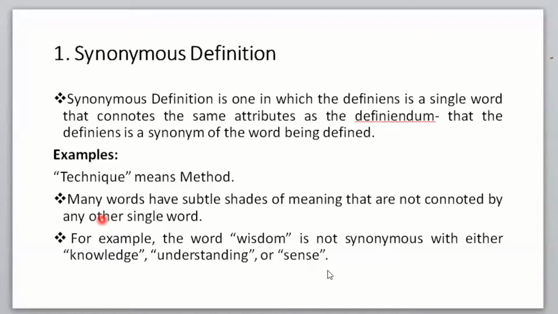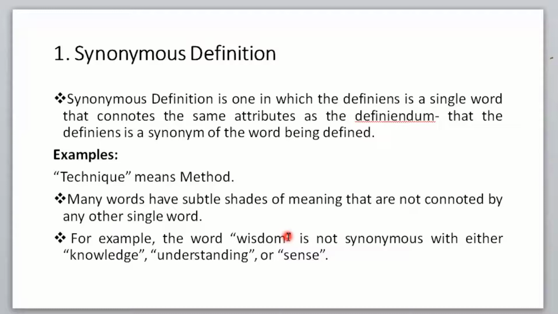For example, when we see here the word wisdom, it is very, very difficult to find a word that is similar to wisdom. Wisdom is very, very detailed.